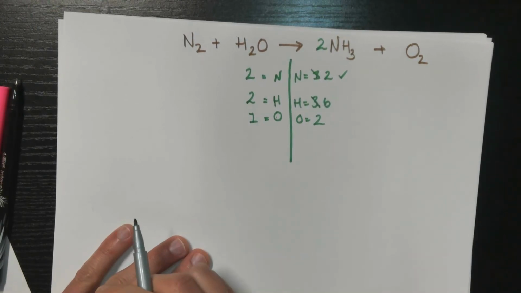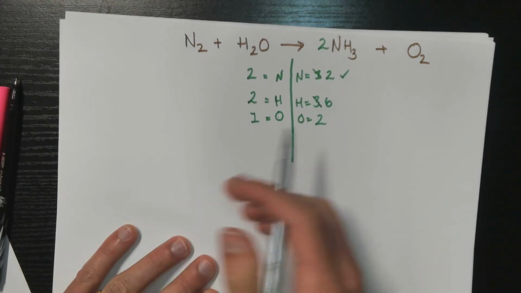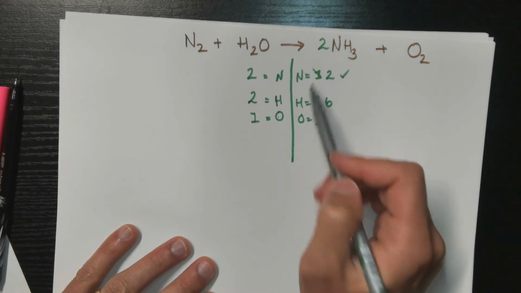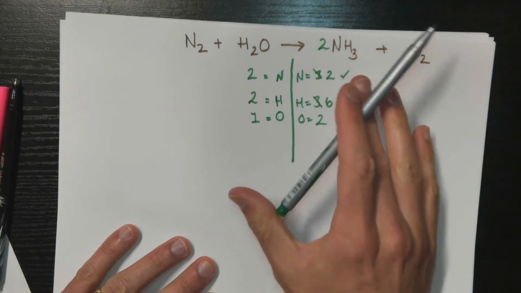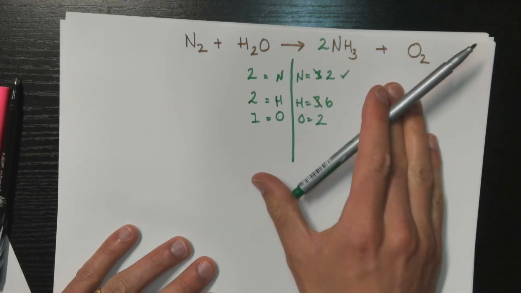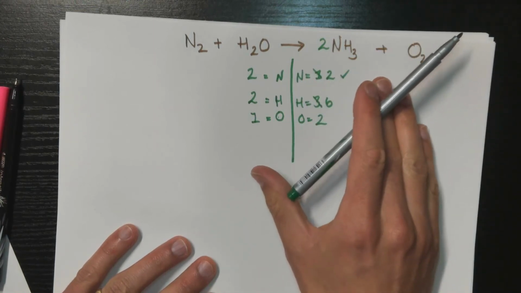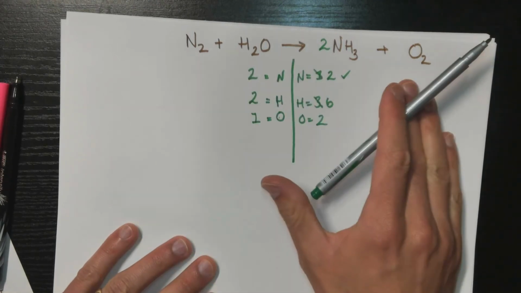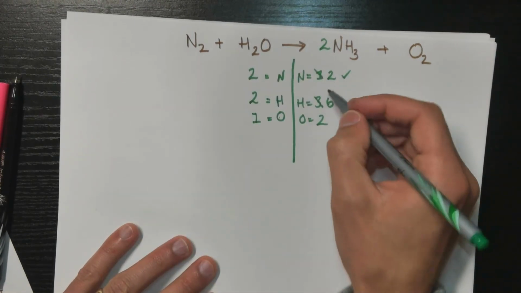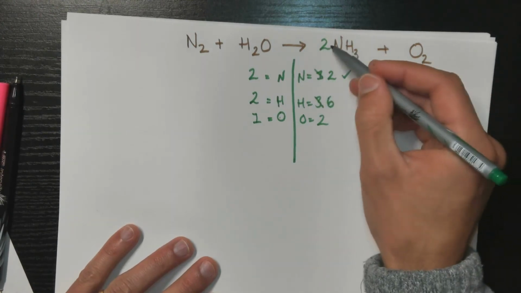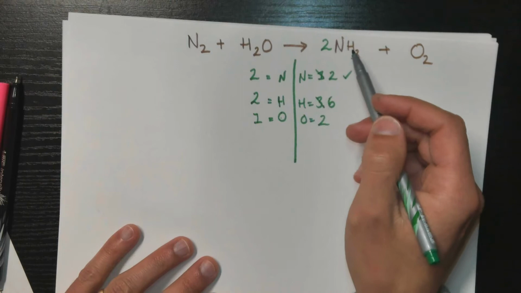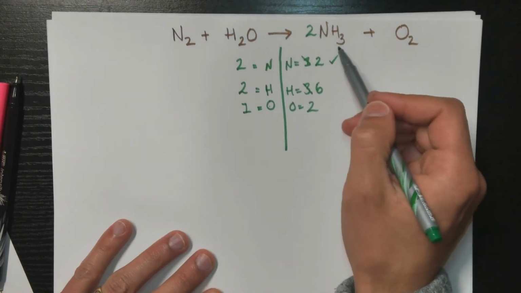Make sure you do that step correctly, because if you add these together, you're going to get a different number, and then the whole thing will go wrong. So these are very tricky. They're pretty simple in principle, but they're very tricky because if you go wrong in one place, the whole thing will go wrong. And sometimes you won't be able to balance it at all, and it'll get really frustrating. So do make sure you practice and go through these steps and double check your work.